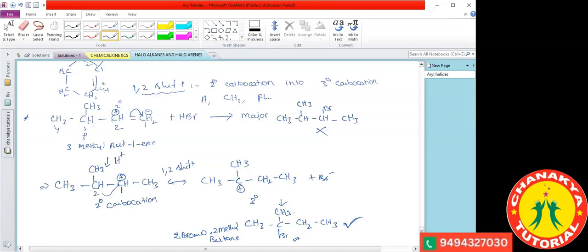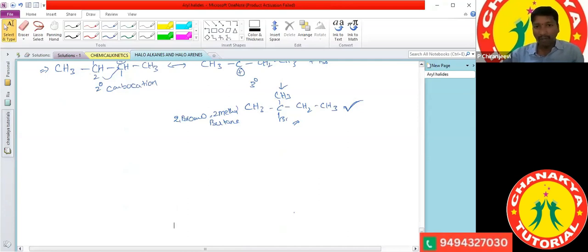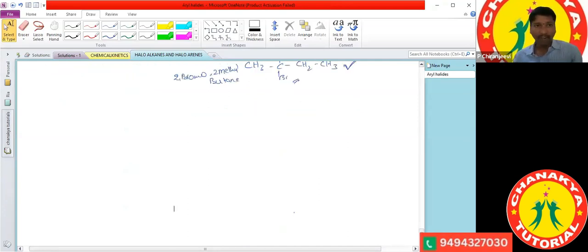In NEET also, if you check the previous year papers, this kind of question was there. I'm giving one more example to you. (CH3)2CH-CH=CH2 plus HBr.